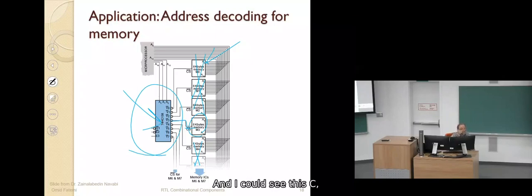What is the name of this IC? 74138. The 74138 is a decoder IC. You could buy it, and it has 3 inputs, 8 outputs, and 3 enables. It has 3 enables, not just 1, because you could use it better. I don't go into details.